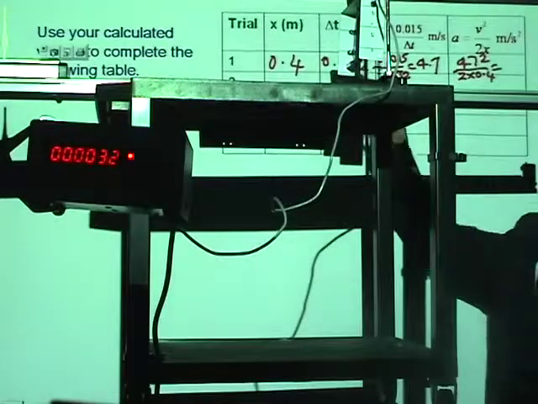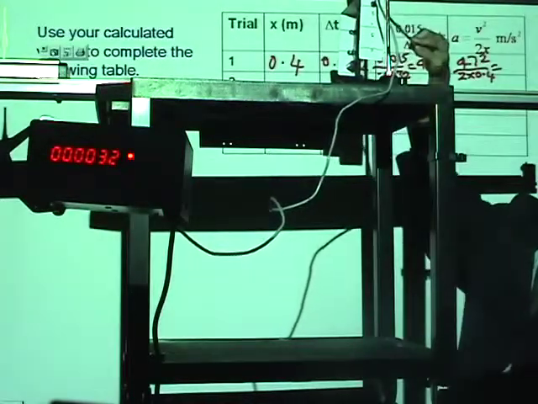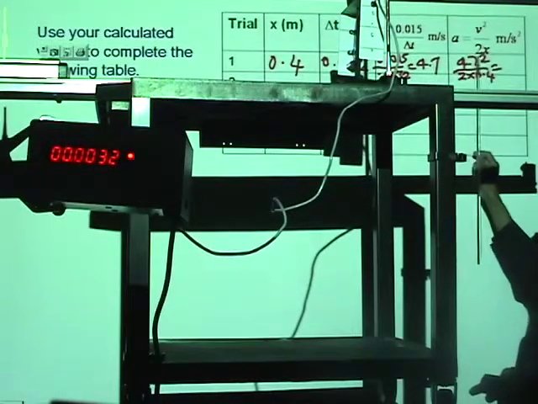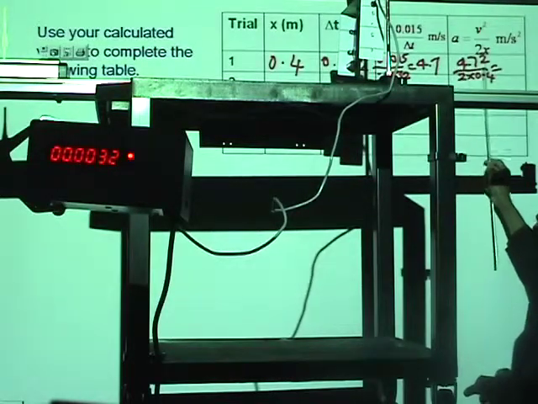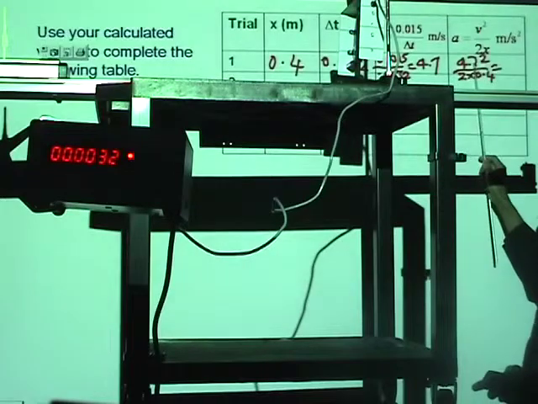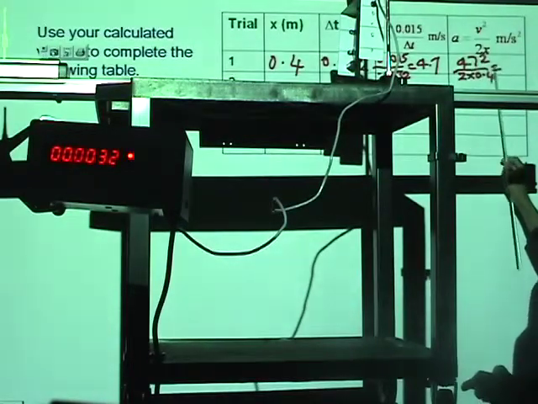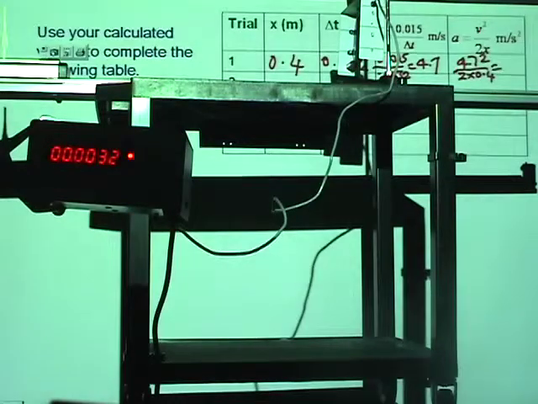The velocity of the car when it comes here is 4.7 meters per second. So we square that velocity, 4.7 squared over 2x, 2 times 0.4, and calculate that. I got it as 27.5 meter per second squared. All right?